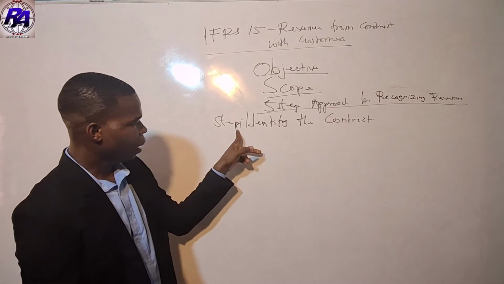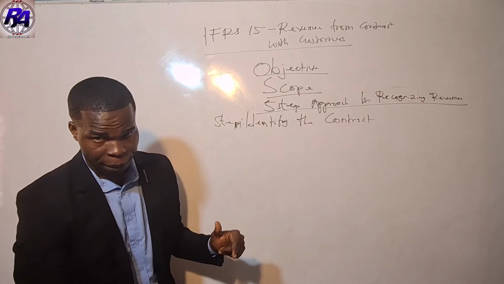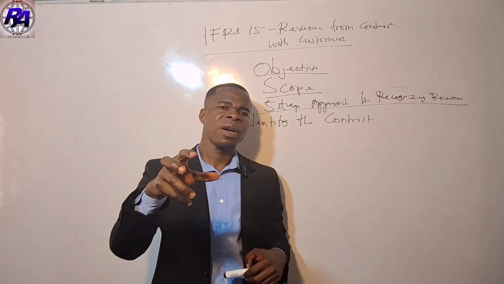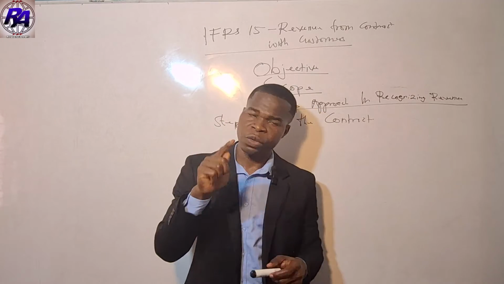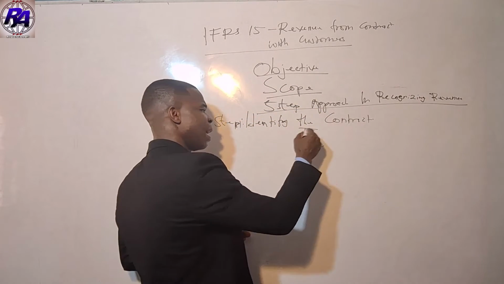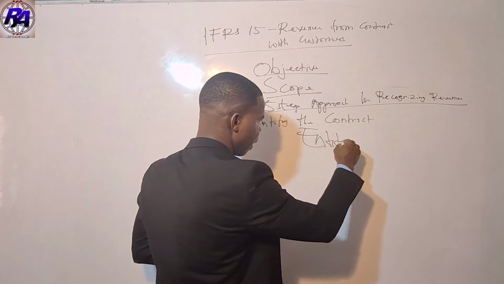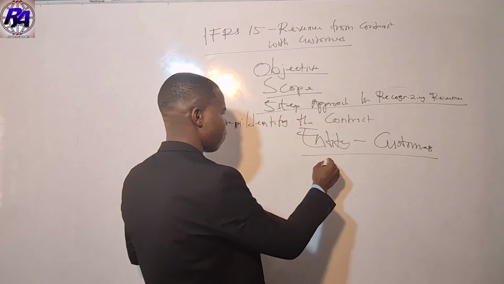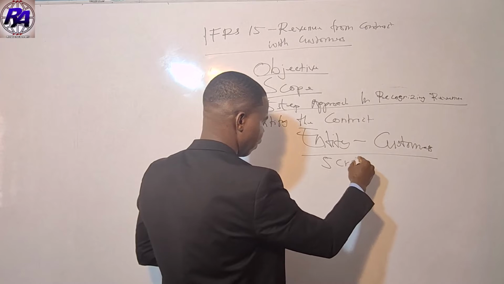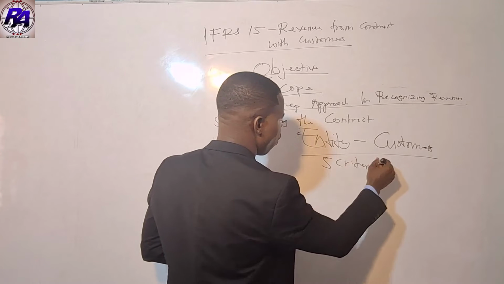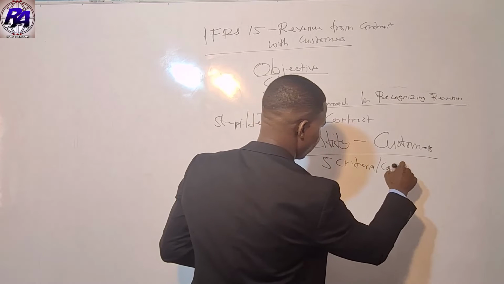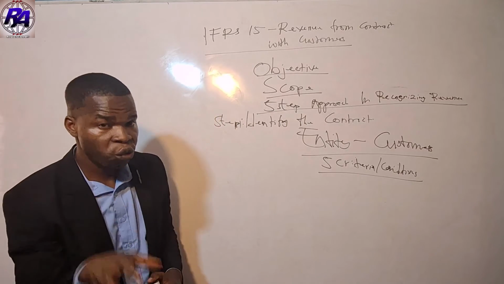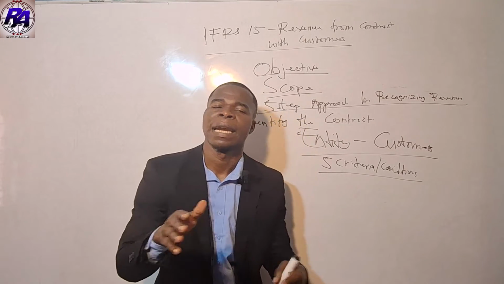All right. So let's now jump to step number 1. Step number 1 is saying that we should identify the contract. Now, in the identification of the contract, for us to say that there is a contract between an entity and a customer, the standard is saying that 5 criteria must be met, or 5 conditions must be present for us to say that there is truly a contract between a customer and an entity.